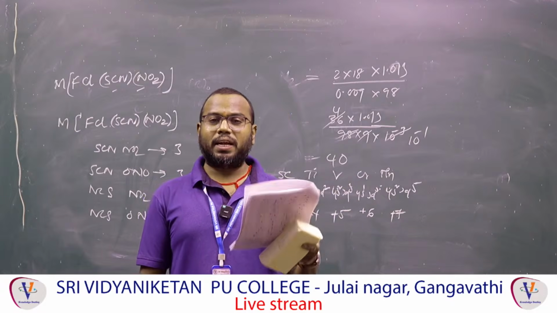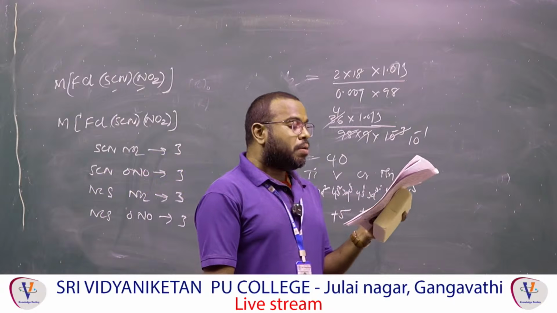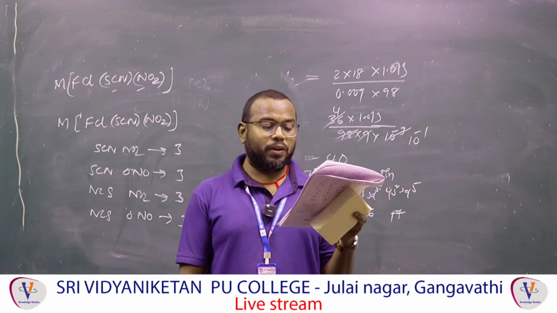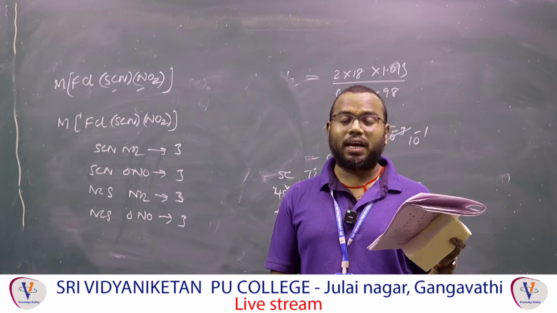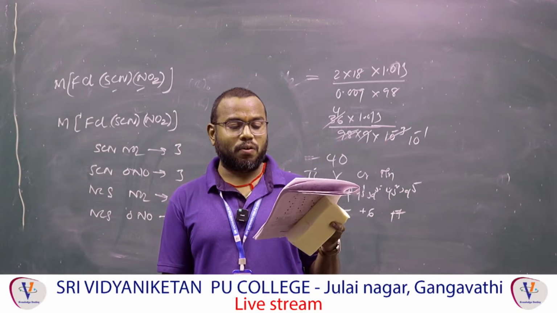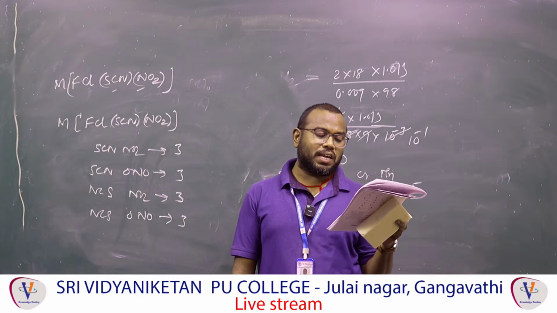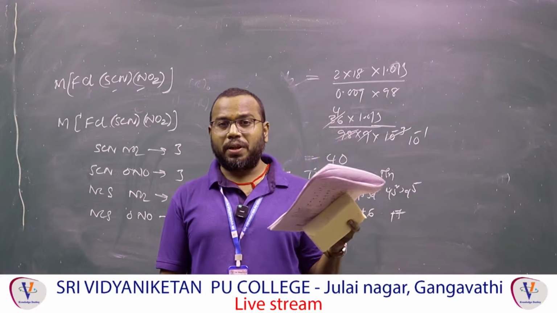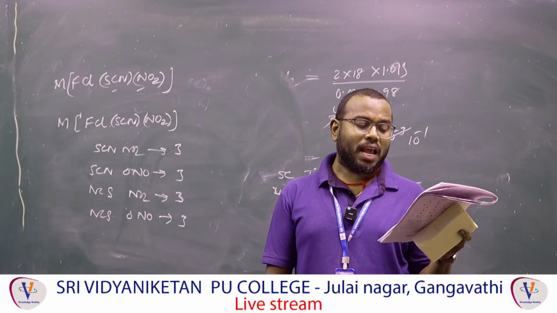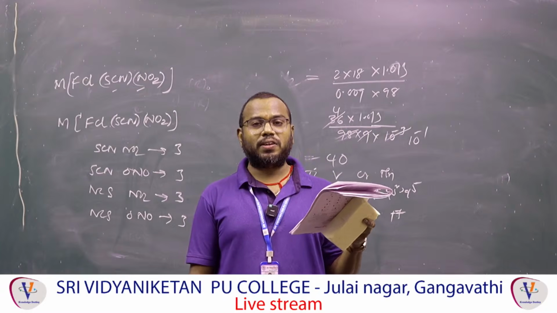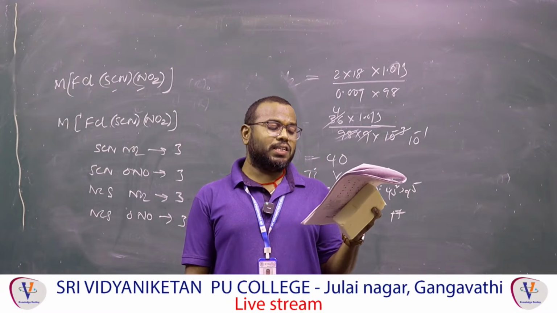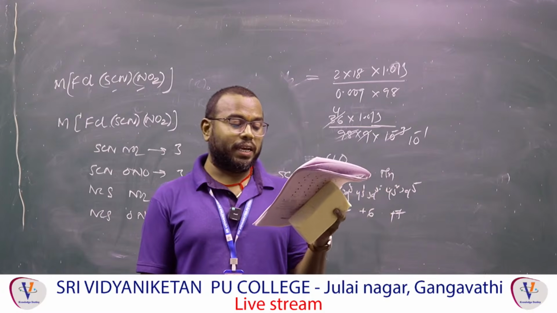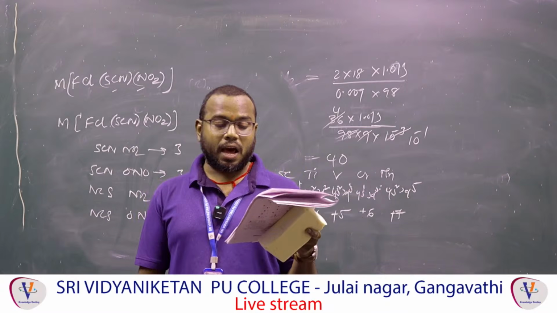B, metallic aluminum is produced by electrolysis of aluminum oxide in presence of cryolite. Correct? To produce aluminum we electrolyse Al2O3 in the presence of cryolite. Cryolite is Na3AlF6, so that is also a correct statement. C, cyanide ion is used as a ligand for leaching of silver. To extract silver we use cyanide in purification. We prepare a silver cyanide complex, so that is also correct. Phosphine acts as a ligand in Wilkinson's catalyst? No, triphenylphosphine is used, so D is false. The stability constants of calcium and magnesium are not the same, they are actually different. Calcium has a higher stability constant, magnesium a lower stability constant. Therefore we need to say A, B, C are the correct statements.